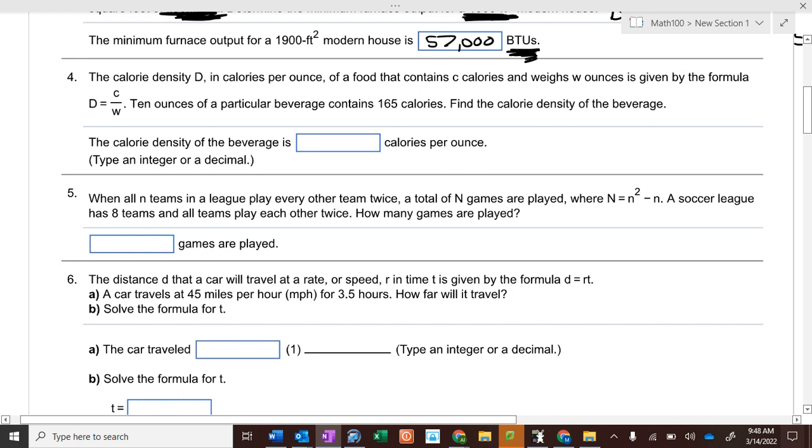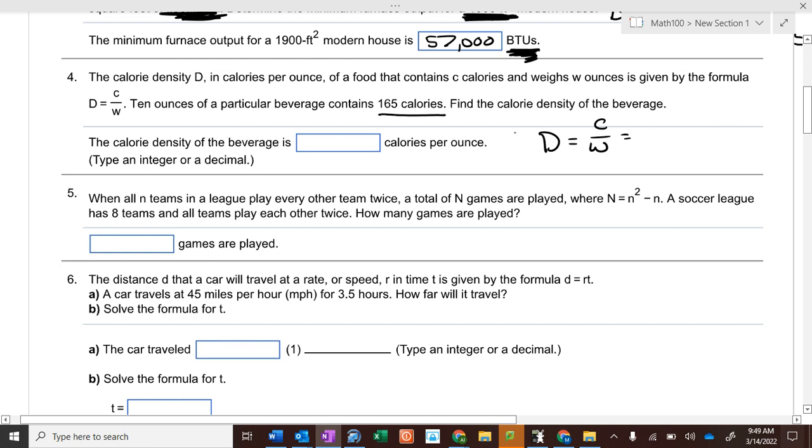Calorie density, D, in calories per ounce, is a food that contains C calories in W ounces. For the given formula, D equals C over W. 10 ounces of a particular beverage contains 165 calories. Find the calorie density of the beverage. Okay, so calorie density. So D equals the calories divided by the weight.